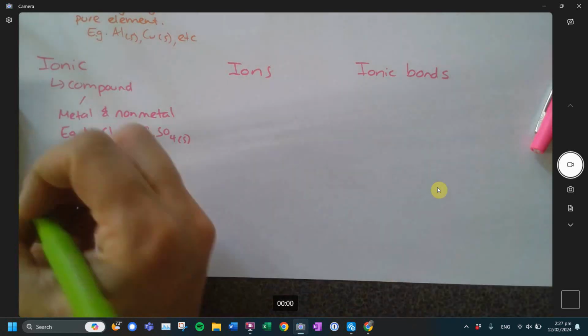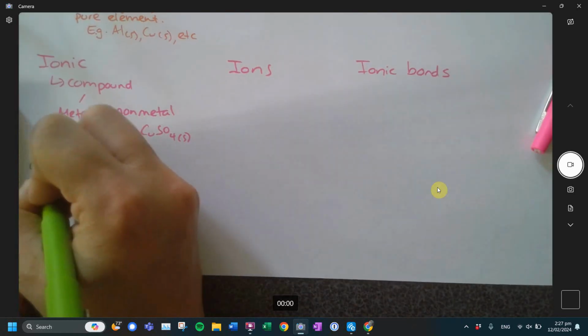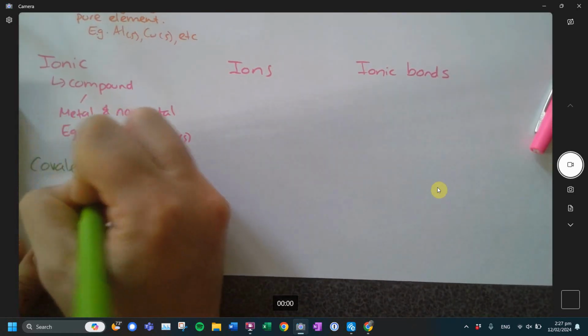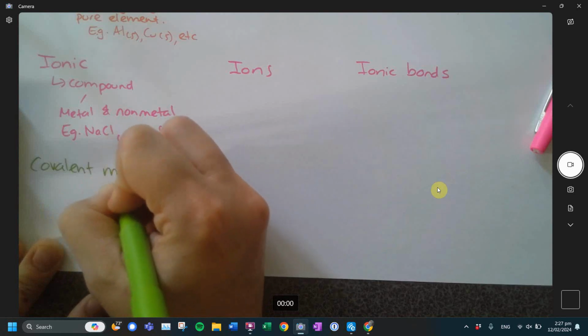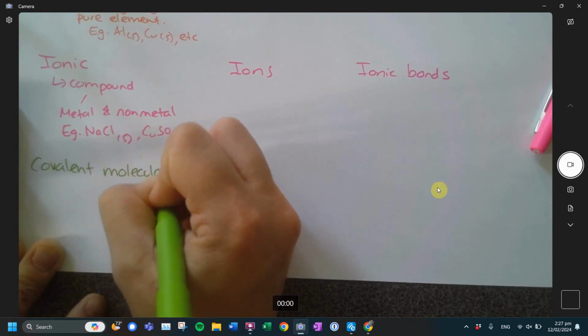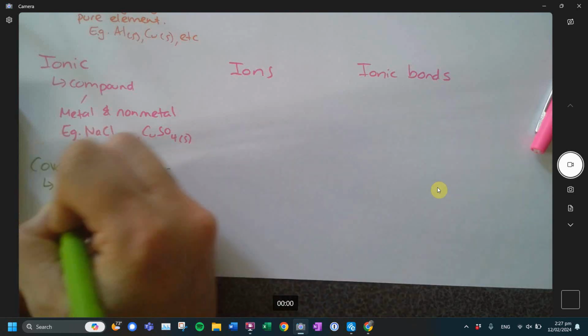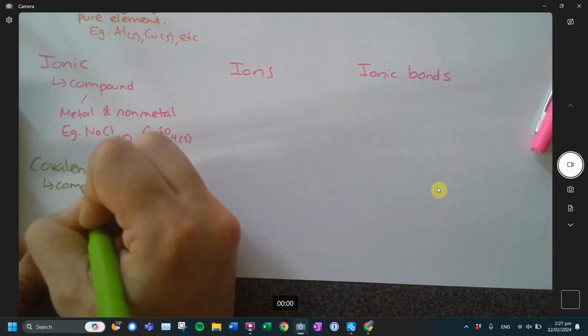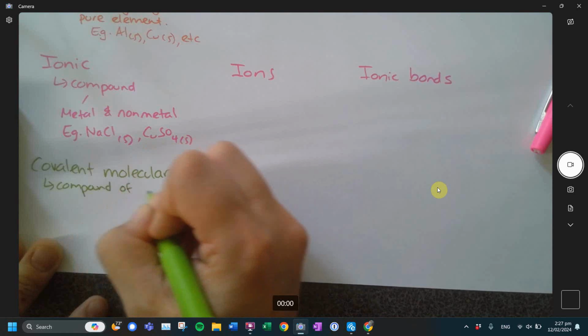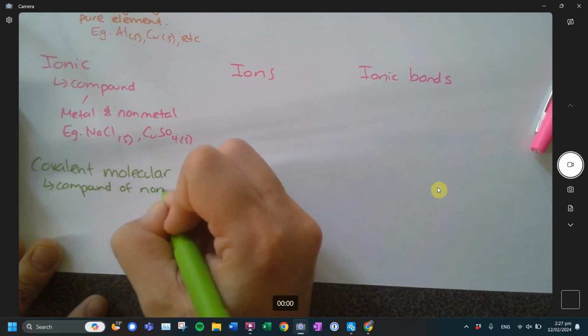All right, option number 3 are my covalent molecular. These are going to be a compound of nonmetals.